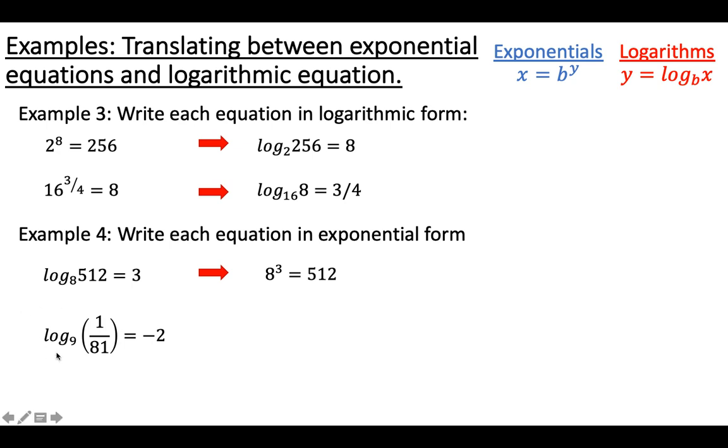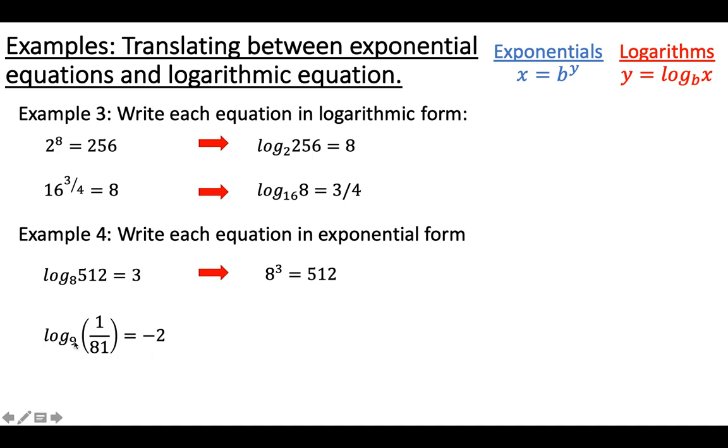So what's our base? Our base is 9. 9 is in the B spot, so that is our base. And so when we translate, 9 better be the base again, because that's what it is. And then what number is over here by itself? Negative 2. So that means that when we write a log, the number that's over there by itself is the exponent.